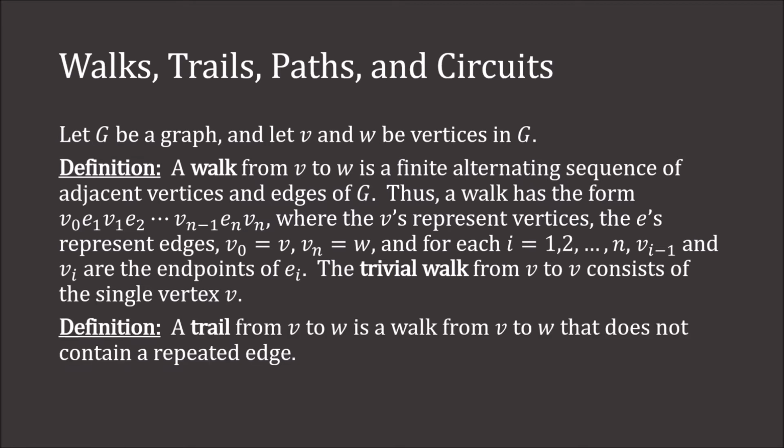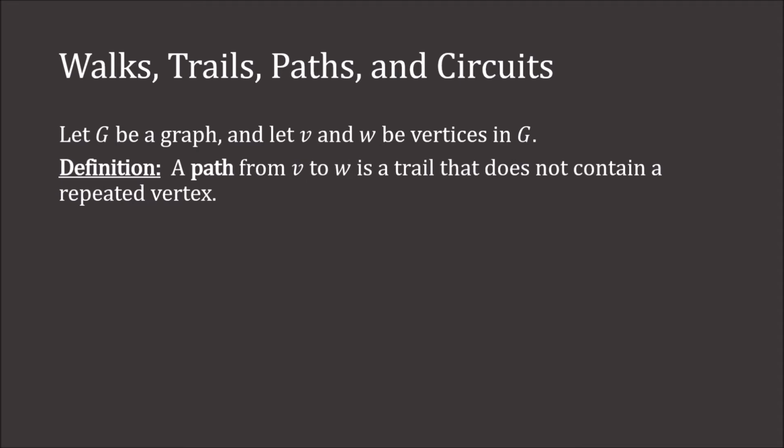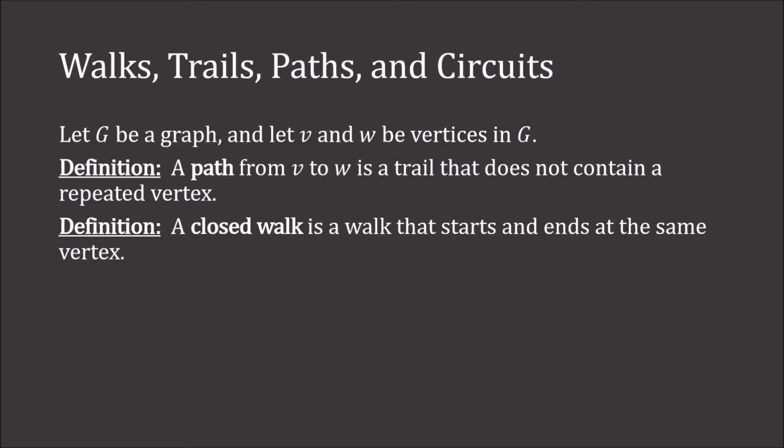A trail from V to W is a walk that does not contain a repeated edge. A path from V to W is a trail that does not contain a repeated vertex. A closed walk is a walk that starts and ends at the same vertex.